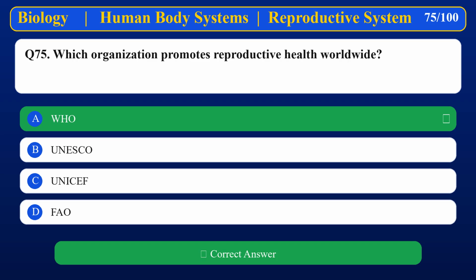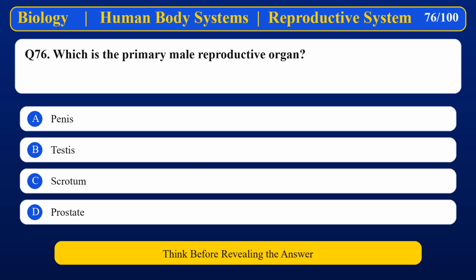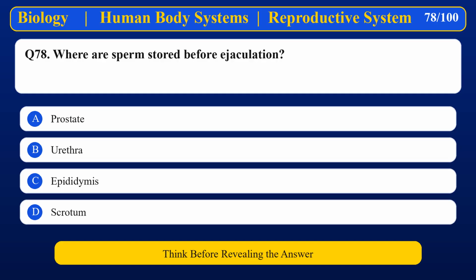WHO. Which is the primary male reproductive organ? Testis. Which is the primary female reproductive organ? Ovary.